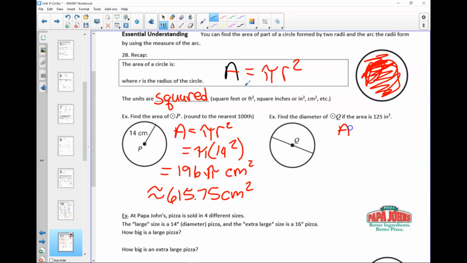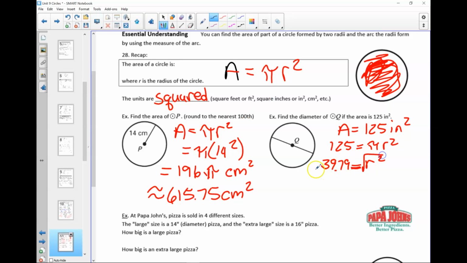Now in example 2, we are going to find the diameter of circle Q. We know the area equals 125 inches squared. Okay, so 125 equals pi r squared. Dividing both sides by pi, we get r squared equals approximately 39.79.